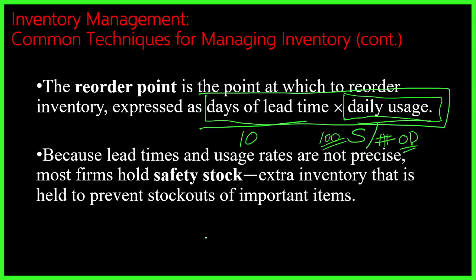Now, because lead times and usage rates are not precise, most firms hold safety stock. There are different ways to compute your safety stock. But what is safety stock? This is extra inventory that is held to prevent stockouts of important items. Your safety stock can be based on the difference of your lead time.